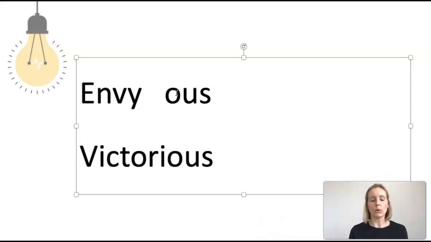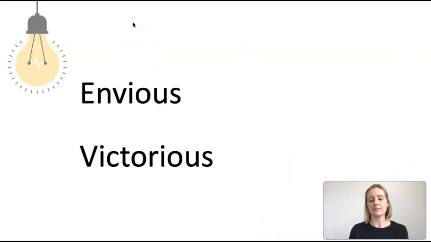So if it's O, or if the vowel suffix starts with an E, we need to do something with the Y. What we do is we take it off and we replace it with the letter I. So that's quite simple.